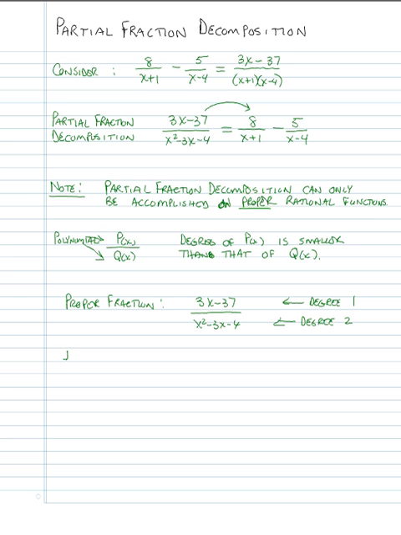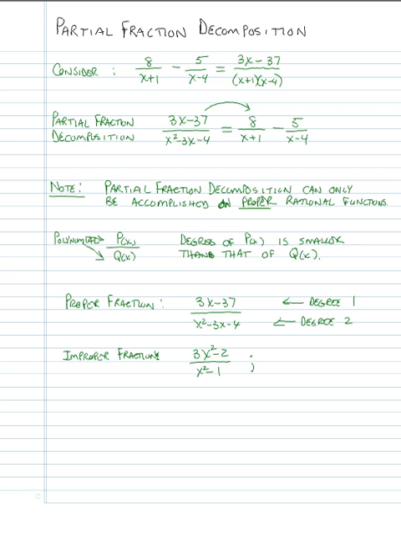An improper fraction, when we're talking about rational functions, would be an example like 3x squared minus 2 over x squared minus 1. And the reason that this is improper is the degrees are the same. And remember, to be proper, the degree of the numerator has to be smaller.